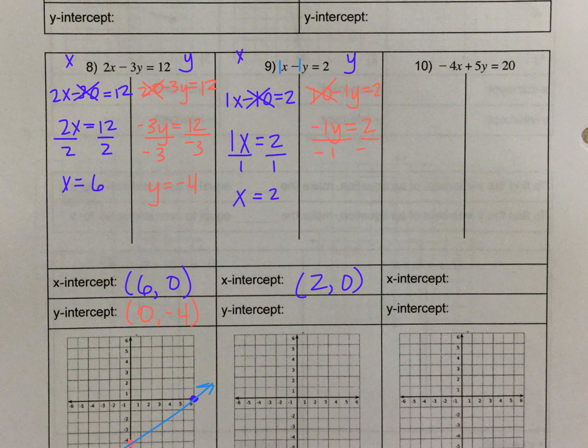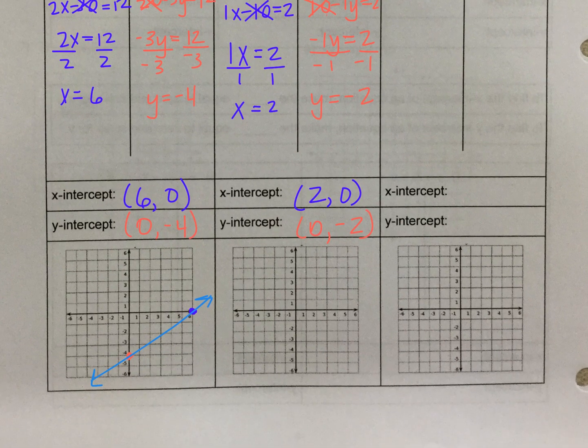I divide both sides by negative 1 to get the y by himself. y is negative 2. 0, negative 2. So to graph this, for the x-intercept, I go over 2 and put my dot. For the y, I go down 2, and then I just connect my dots.